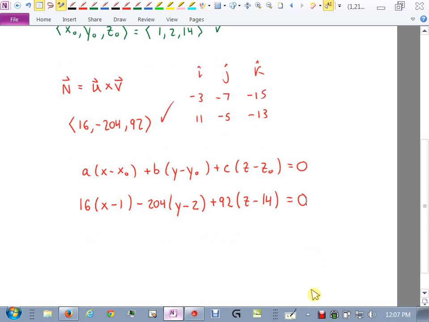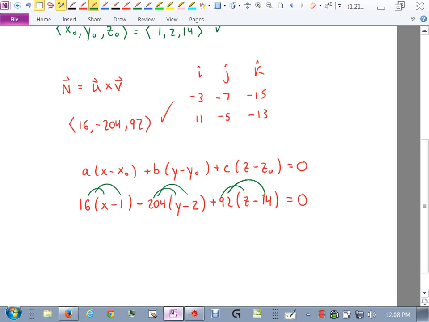Now that is the equation of the plane, and that's actually acceptable on a test to leave it like that, unless I specify that you need to go further. But to go further means just distribute 16, distribute the -204, distribute 92, and you'll get a number, right? And then all the other stuff will just be a number. It'll be 16x minus 204y plus 92z, and then you'll have some number out there.